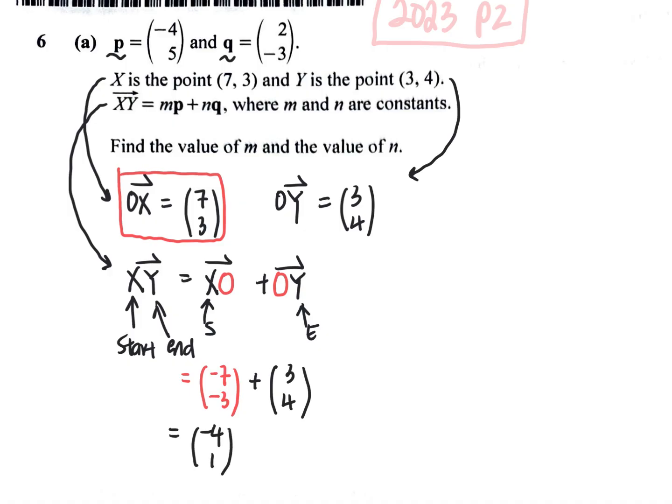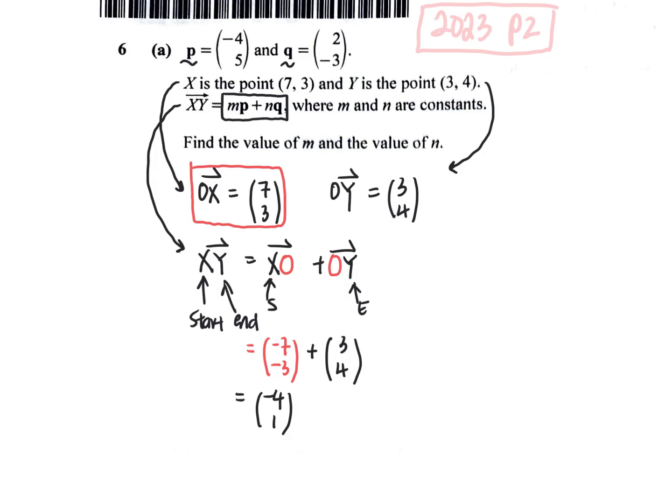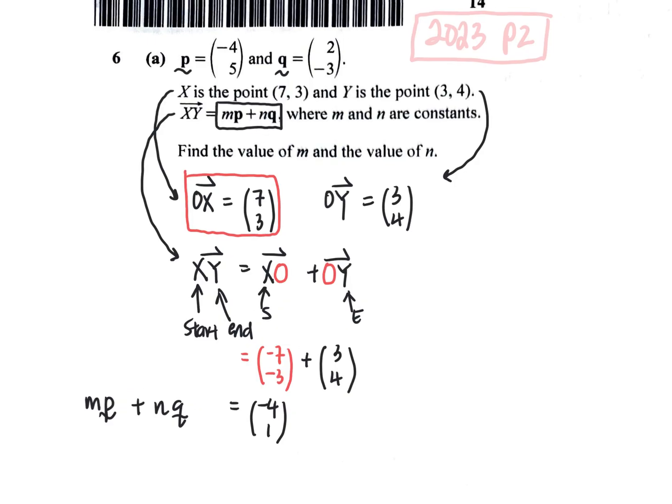They also happen to tell you that it is equal to this. So they give you that for a reason. You know that it is MP plus NQ. They tell you what is M, what is P, and what is Q already. So just plug in.